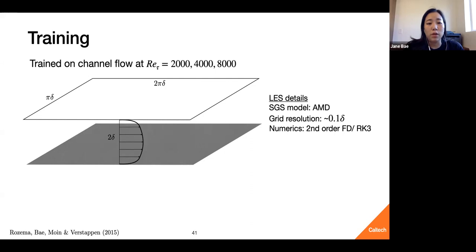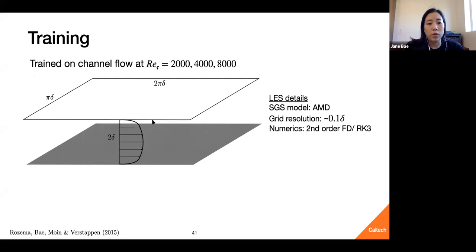So we're going to use a very simple canonical case, which the previous wall models work well on, but we want to do a proof of concept that reinforcement learning can do similarly. So we're going to train on a channel flow at Re tau of 2,000, 4,000, and 8,000.